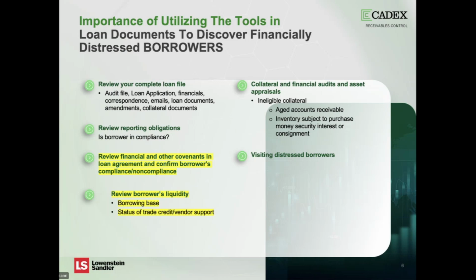So let's talk. Once you get beyond that, when you see that there are warning signs out there of financial distress, once you discover that, the first thing you should be doing is reviewing your file. I was in loan workouts for the first 10 years of my career, and when you find out that your customer is having financial issues, the first thing you need to do is to review your file and make sure that if there are any mistakes, they can be corrected.